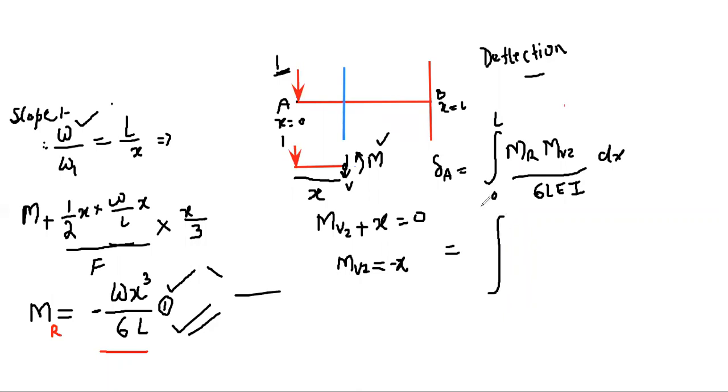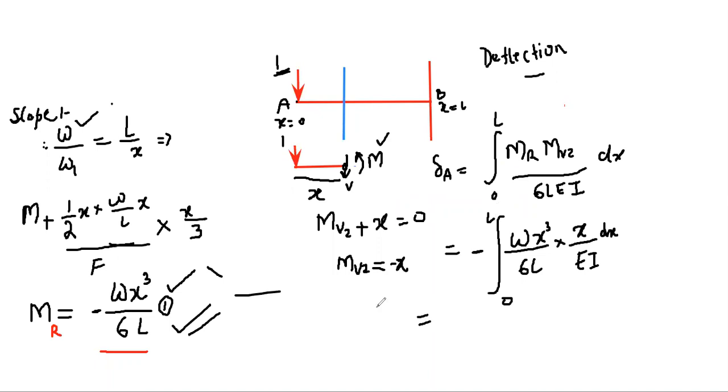As far as the real moment is concerned, that is minus W x cube by 6L, and the virtual moment 2 is minus x, divided by EI, dx, integral from 0 to L.